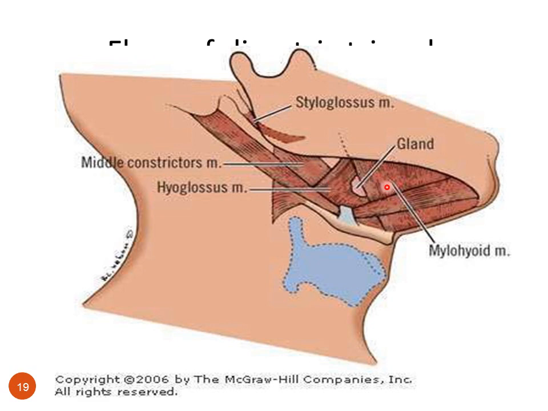Remember, mylohyoid, hyoglossus, and the anterior part of the middle constrictor muscle of the pharynx form the floor of the digastric triangle.